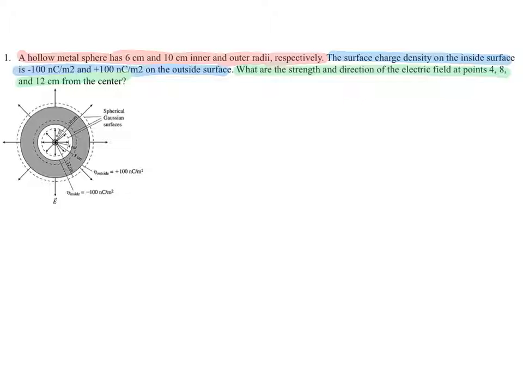So first, just to get some things out of the way, we need to figure out what the charge inside is. If we take that first one, the inner one, 100 nanocoulombs per square meter, the charge on the inside will be the charge density times the surface area of that sphere, which is 4 pi times the radius squared, 0.06 meters squared.